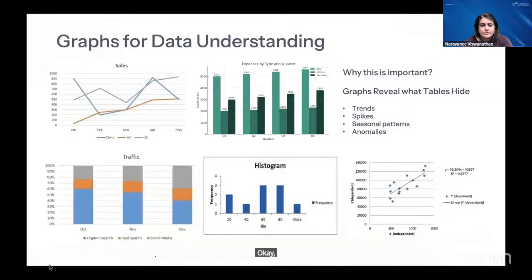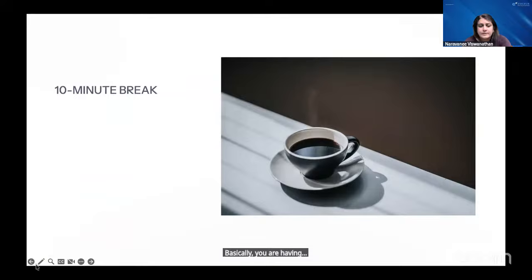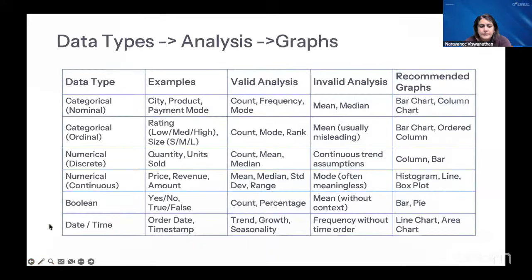Okay, so let's understand the data type and what type of graph. If you have categorical data, what is categorical data? Categorical data means I have a black ball, and I have a green ball.